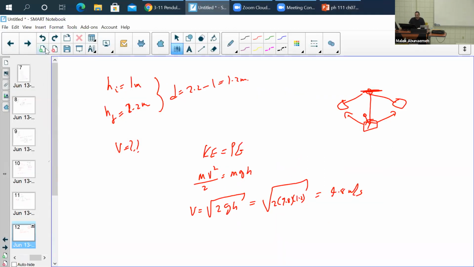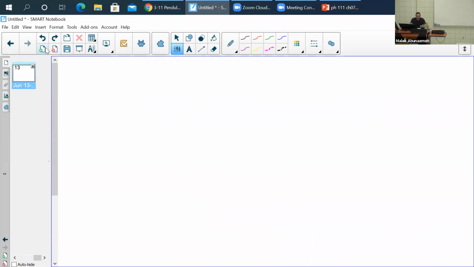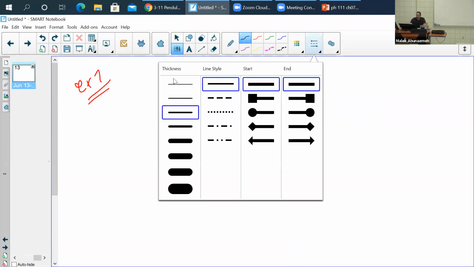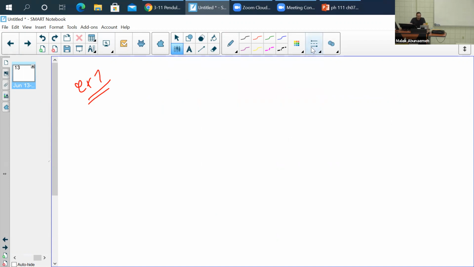So let's go ahead and do this example real fast. It's going to be example 7. We'll switch to black. So your initial height is 1.2 meters, and your final height is 4.8 meters.